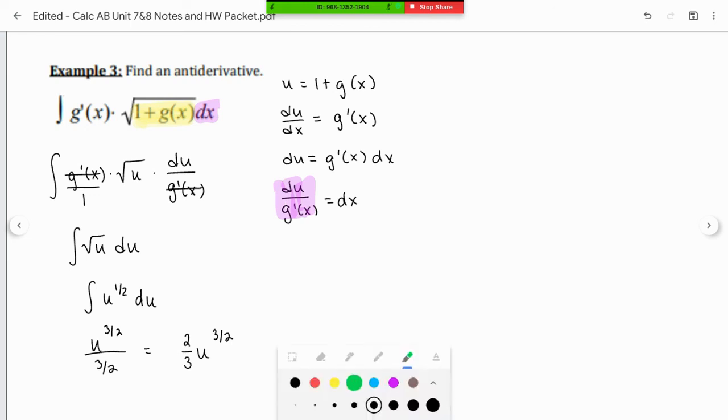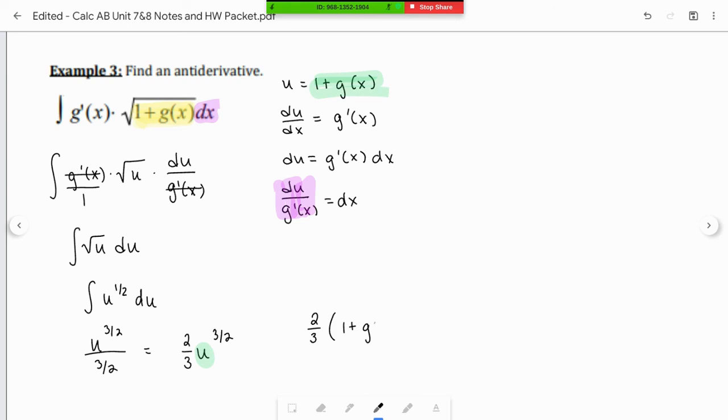So u was 1 plus g of x, and so I'm going to plug that back in here. So that'd be 2/3 times 1 plus g of x raised to the 3 over 2. And then we can put our plus c. Although the plus c, like I said at the beginning, is not necessary, I like to put the plus c.